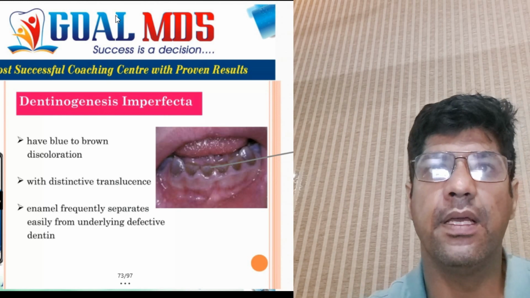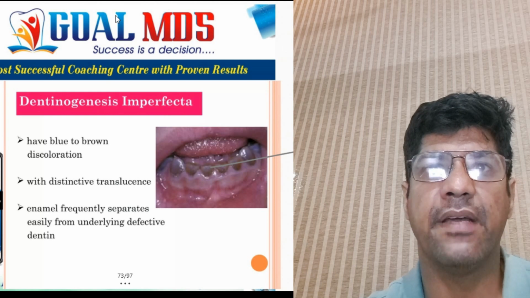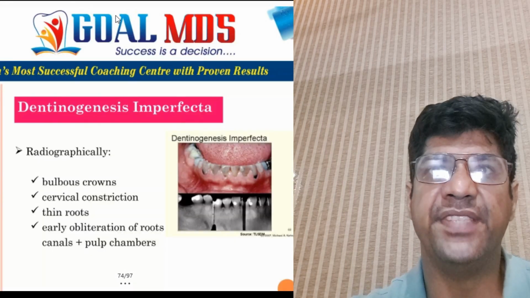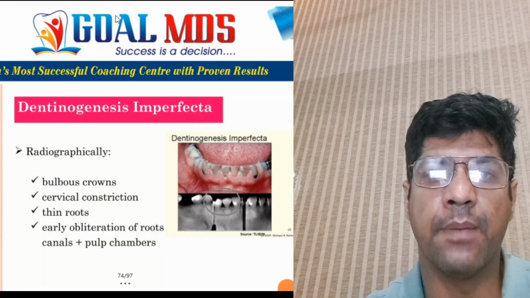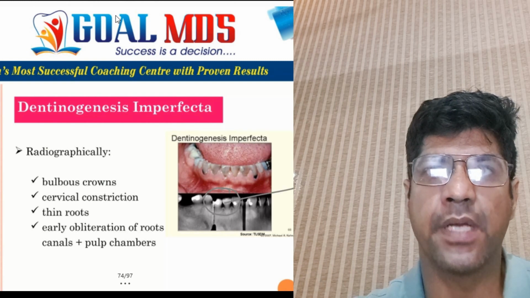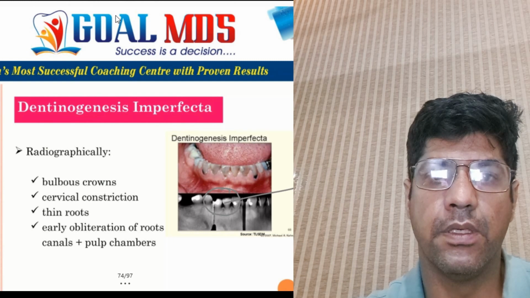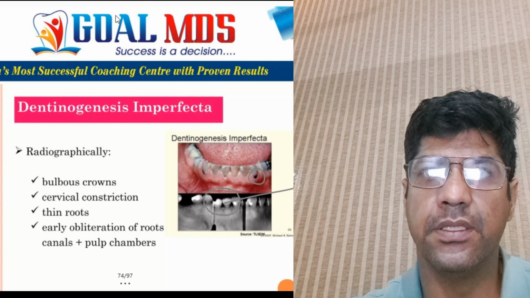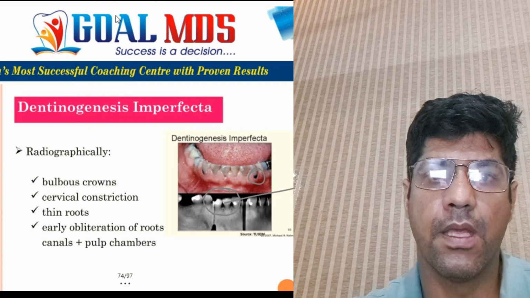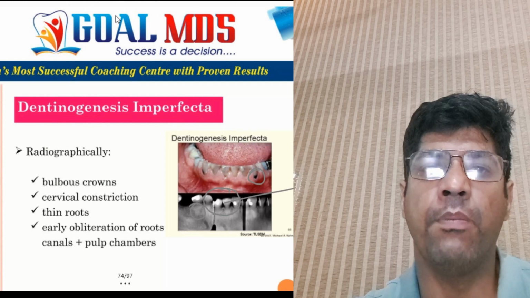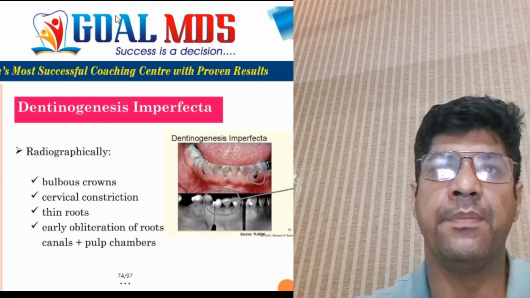So the enamel will frequently separate from the underlying defective dentine. On radiograph, you will see teeth that are bulbous, which represents a bulbous crown, cervical constriction, thin roots, and early obliteration of root canals and pulp chambers.